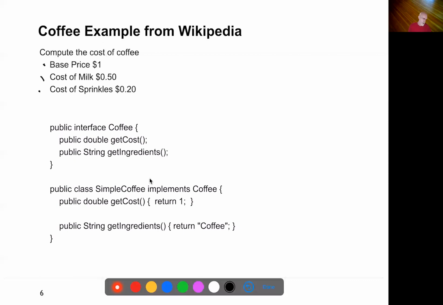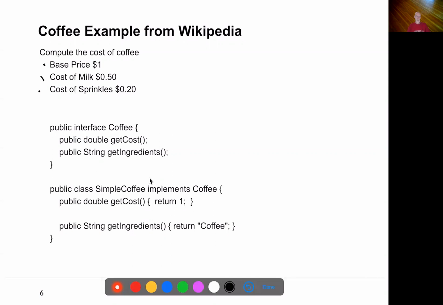One way we can do that is we can have an if statement saying, if you've got milk, add this, if you've got sprinkles, add this. And for each different type of add-on to your coffee, we have to add an interface, we have to add an if else inside someplace in the coffee object.